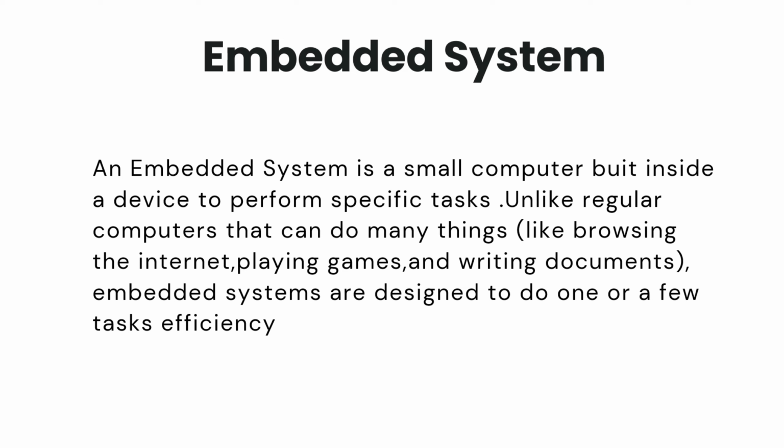Let us see the development flow. Embedded system development includes requirement analysis, hardware design, software development, simulation and testing, and deployment. Now, let us take a microwave oven as an example of an embedded system.